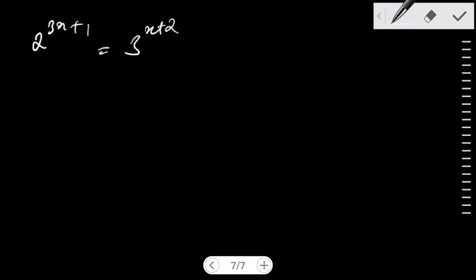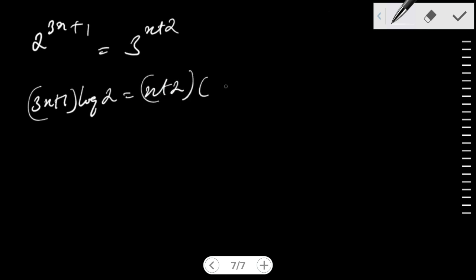So this is going to be 3x plus 1, close this, log of 2 be equals to x plus 2 log of 3.